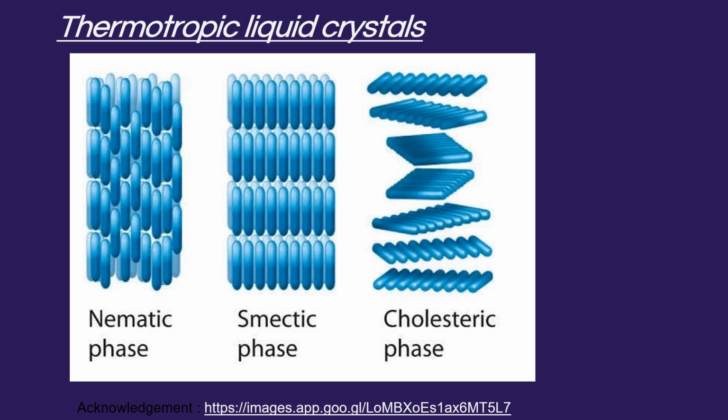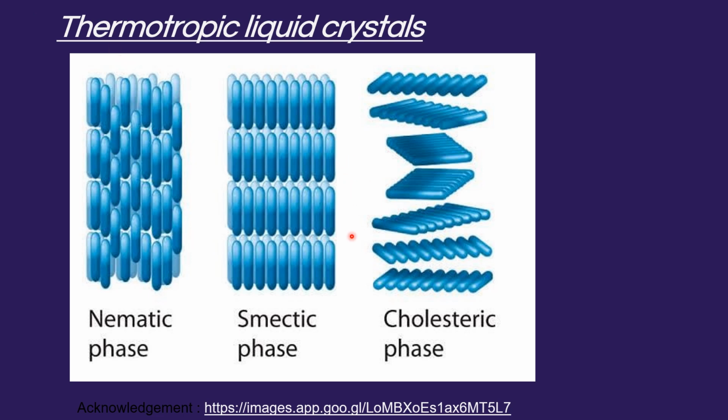Thermotropic liquid crystals are a type of liquid crystals that exhibit change in their molecular order and physical properties in response to changes in temperature. Based on the temperature, we obtain three phases which are nematic phase, smectic phase and cholesteric phase. Out of which the smectic phase is obtained at the lowest temperature.